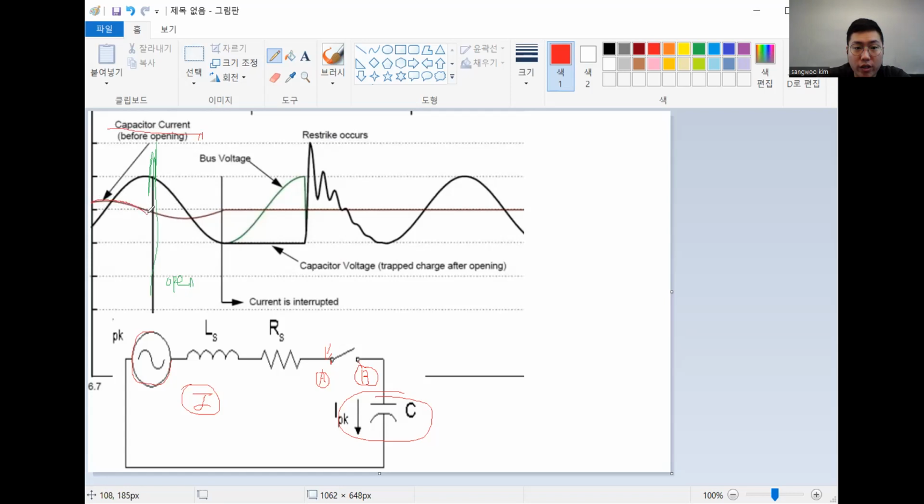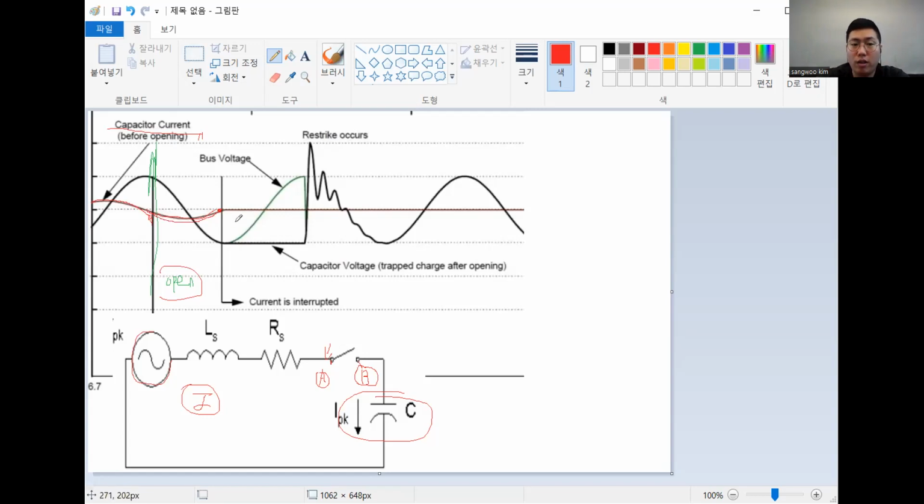If we open the circuit at this point, the current disappears at the current zero point, right? So it needs time. L or C doesn't allow a sudden change from 0 to 90. It changes smoothly. That's why we say the current zero point.